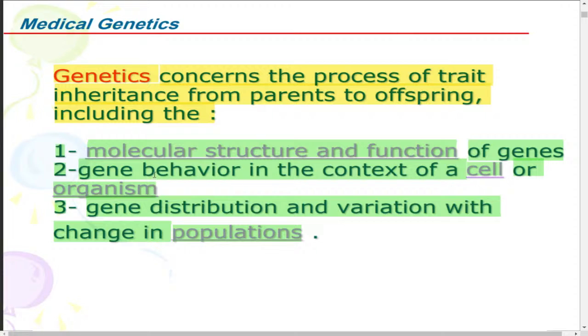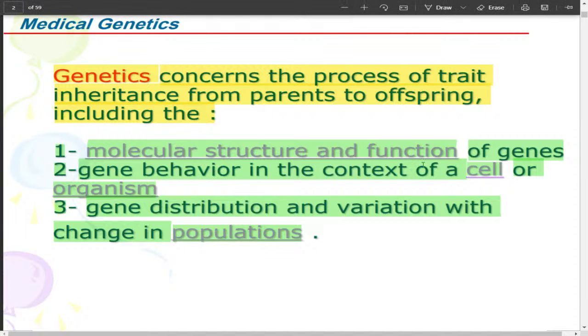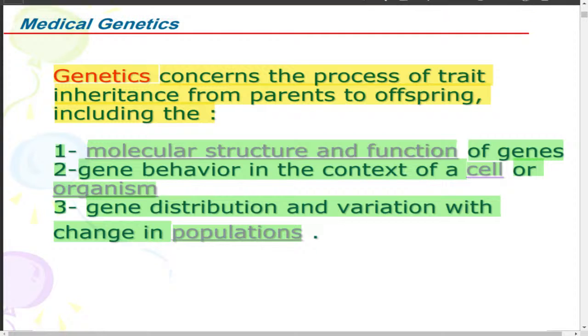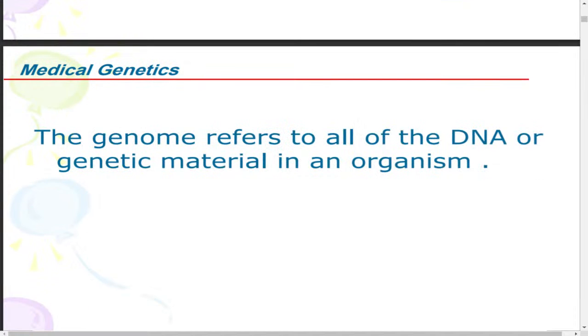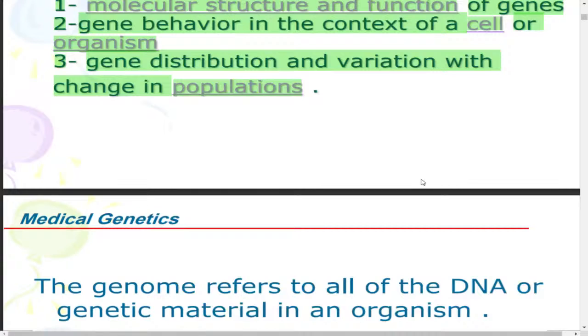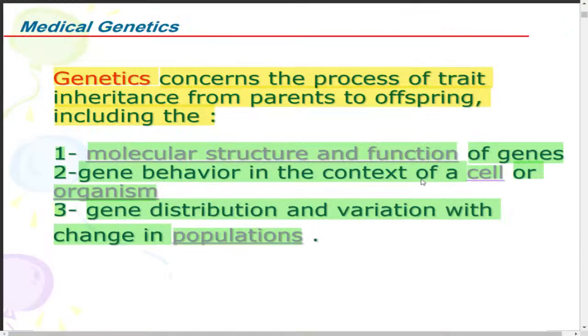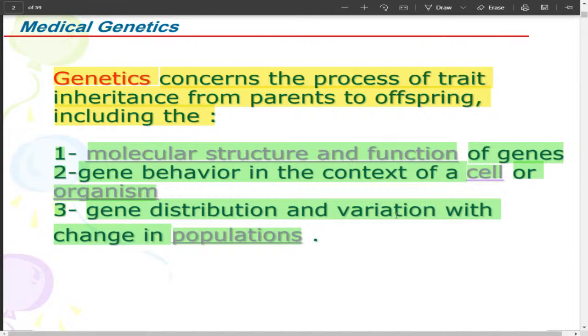Number 2, gene behavior in the context of traits or cell organism. Number 3, gene distribution and variation with change in population.